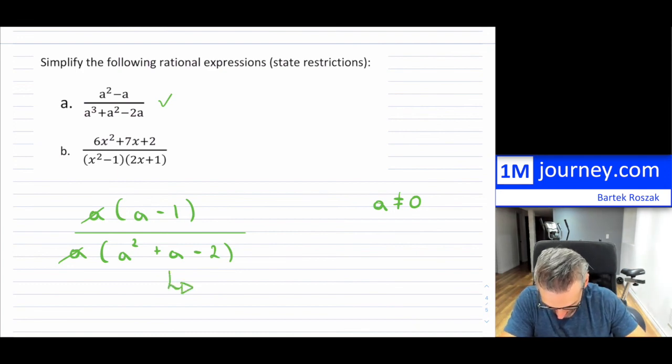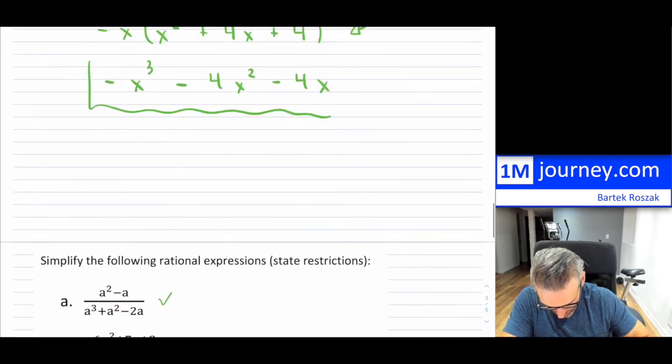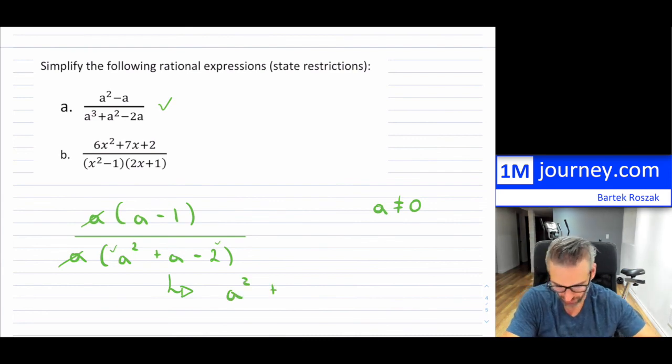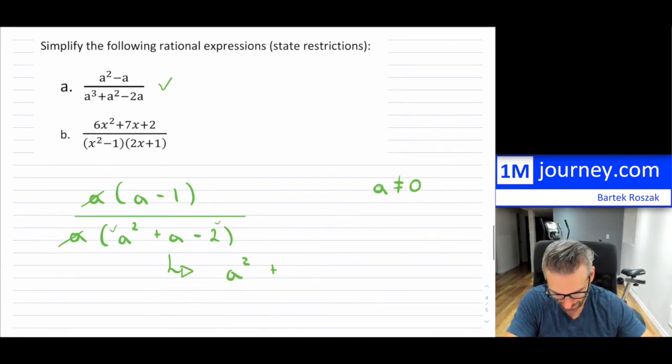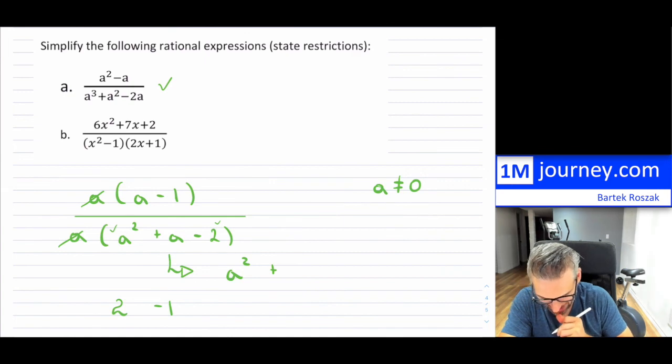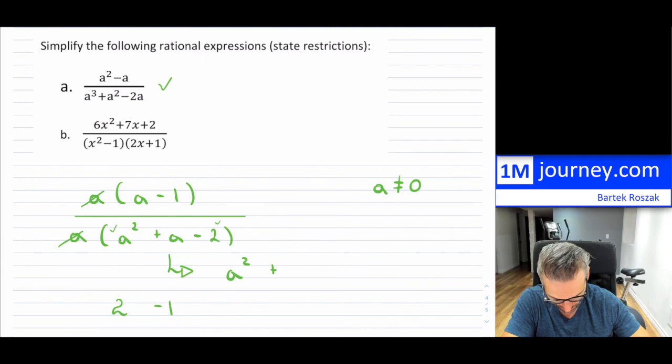Now, for this bottom denominator, I'm just kind of looking at it. Can I factor this out? Well, 1 times 2 is 2, so the multiplication of 2 and then the addition, that's going to be a squared. So I'm going to decompose that a. What's going to work is 2 and negative 1, right? Because if you add those, it gives you plus 1, and if you multiply, it gives you negative 2, which is what we want.